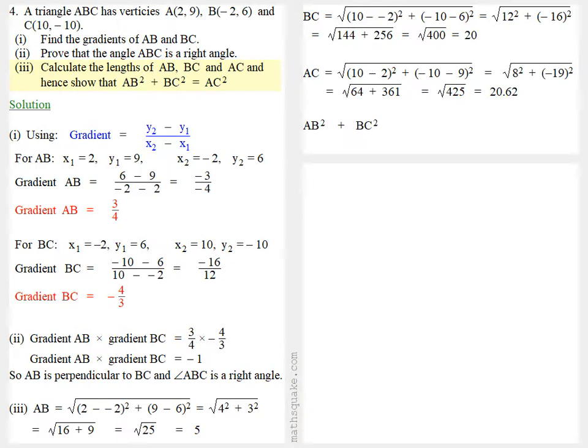Now, if we look at AB squared plus BC squared, that's 5 squared plus 20 squared, which is 25 plus 400, which is 425. Now that's equal to AC squared. So we have AB squared plus BC squared equals AC squared.